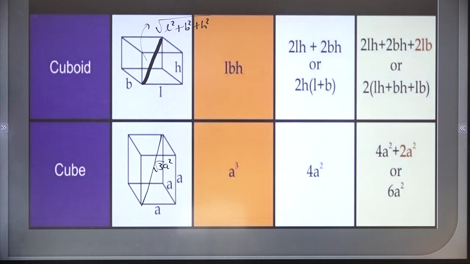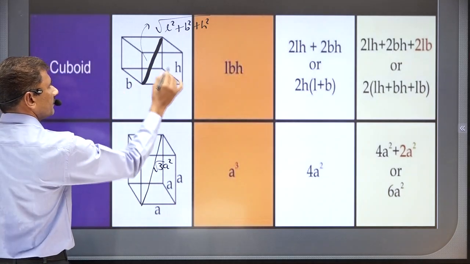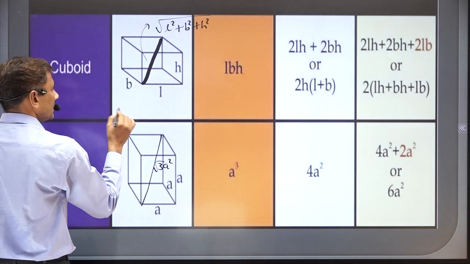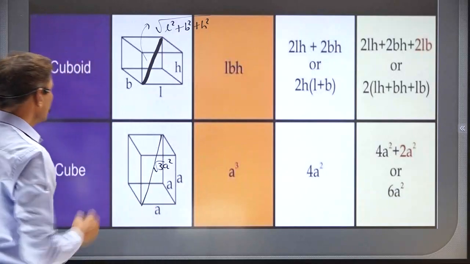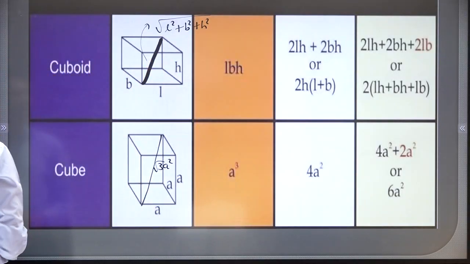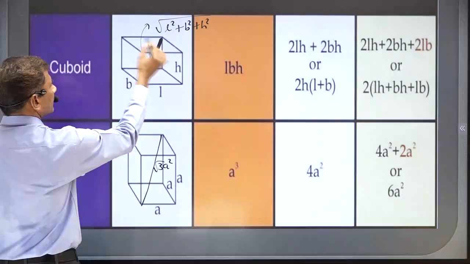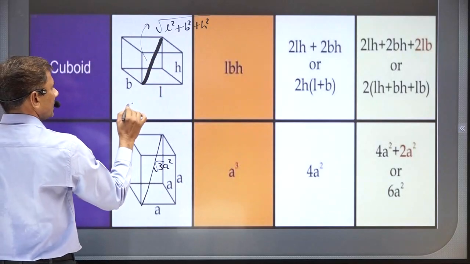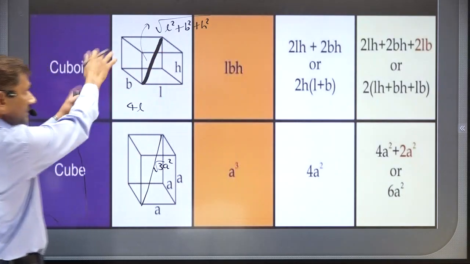Okay, now we look here at the total length of all edges. So the length of all 12 edges. For that purpose, you can see here total 4L will be there. First L, second L, and two at the back.